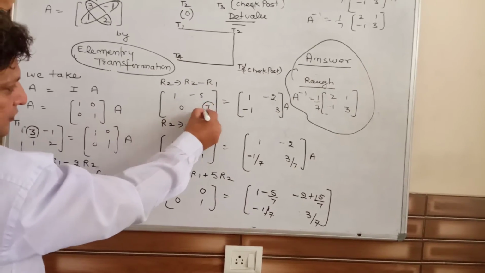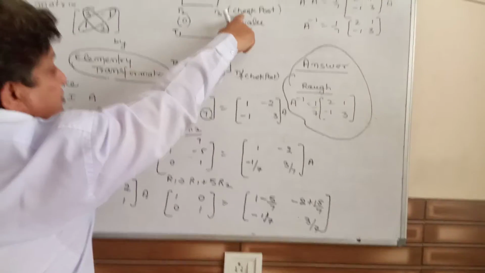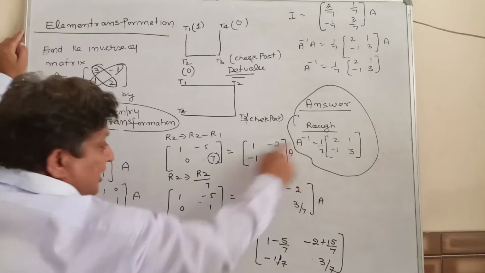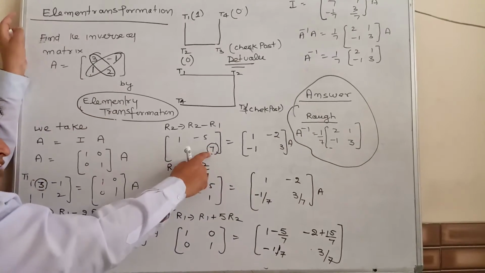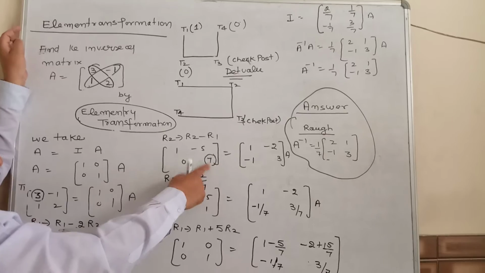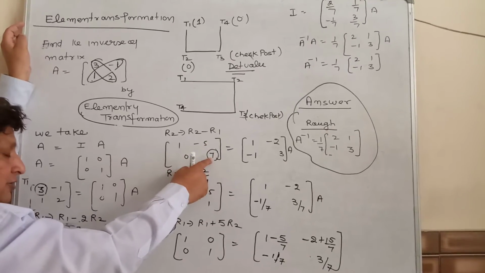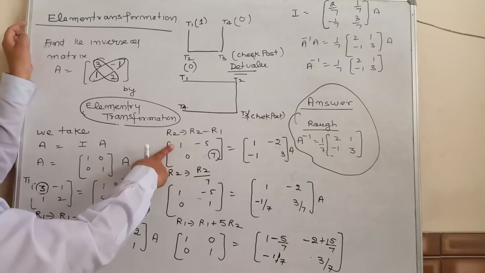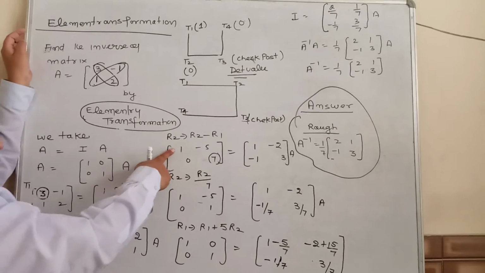See what I have said earlier, check post. Now here comes 7, and this is the determinant value. If the determinant value does not come here, or either its multiple or factor, then it means you have taken the previous steps wrongly. Beneficial steps you have not taken.